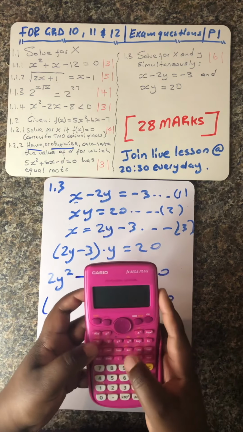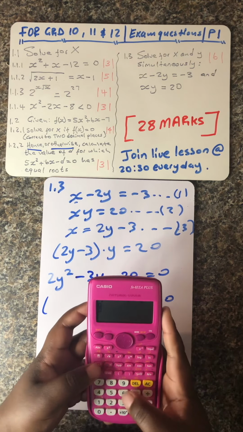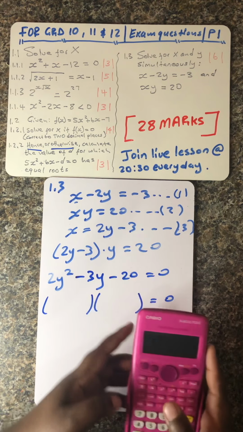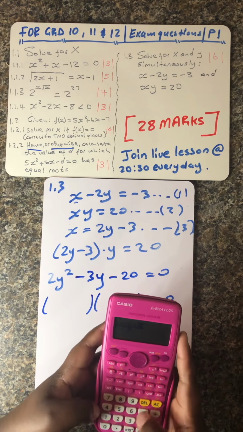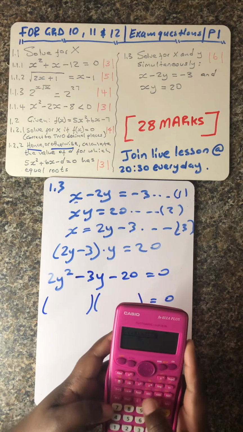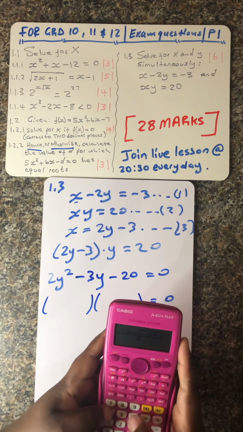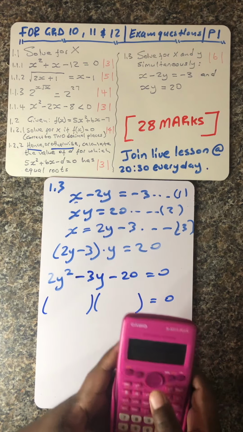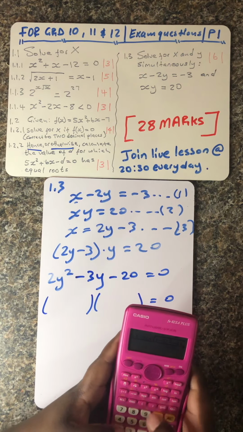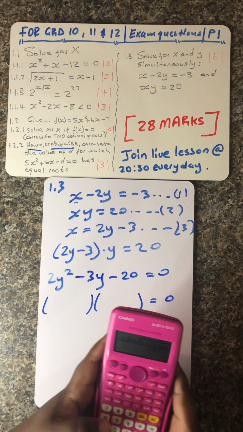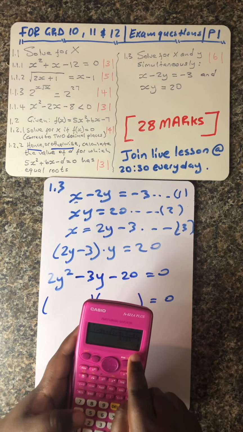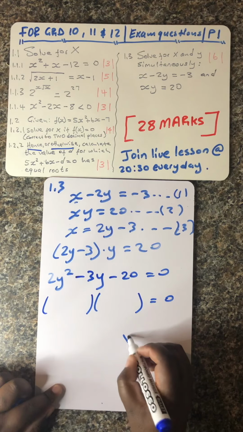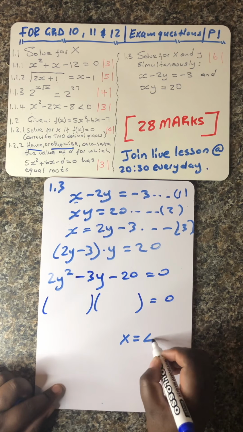Pull out your calculator, say fraction button, negative b, it's -3, you can see there, plus square root of b, which is 3, you square, minus 4, our a is 2, our c is -20, over 2a, where a is 2. Can you see I get 4? So my value is 4.